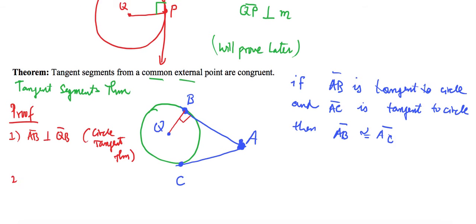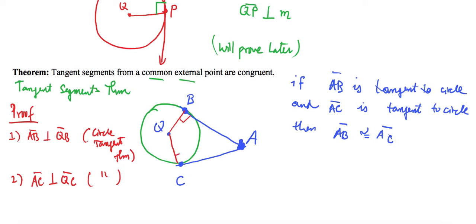And number two, you could also say that QC must be perpendicular to AC, so AC is perpendicular to QC by the exact same reason.